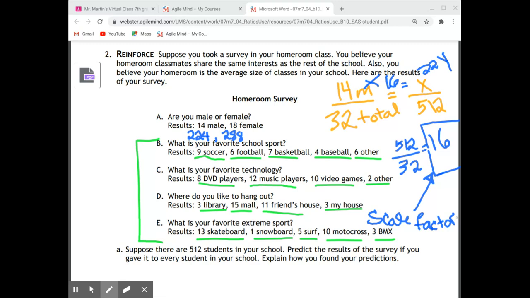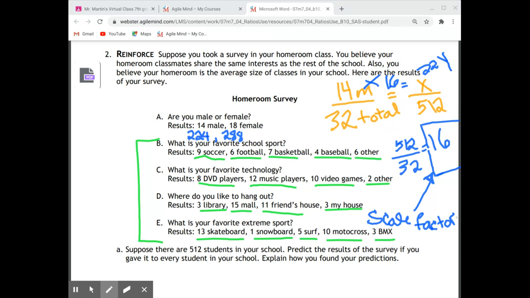Wouldn't that be like 112? Which one? The basketball player. All right. So how would you find your answer? What would you do? We would multiply 7 by 16. Correct. All right.